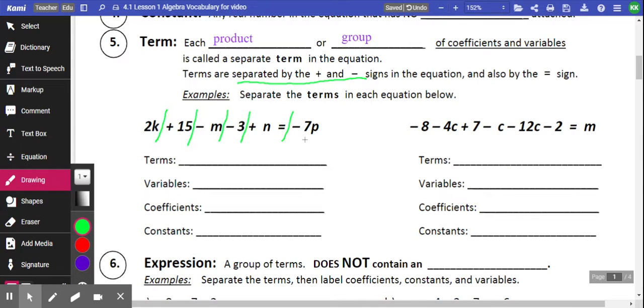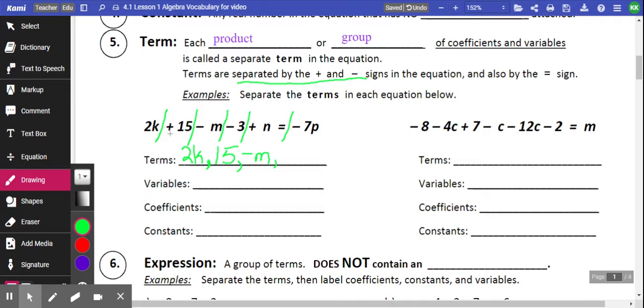So in this example, my first term is 2k. And I'm going to put a comma there for my list. My second term is positive 15. You do not have to put the plus, even though the 15 owns that plus. With positive numbers, you do not have to put a plus in front of them every time. My next term is negative m. We do need the negative there.